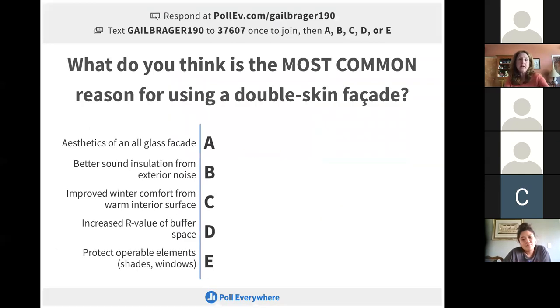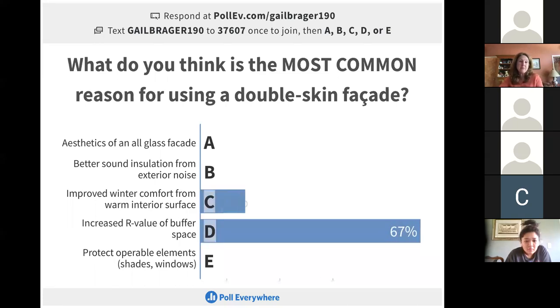All right, so here we've got another poll. What do you think is the most common reason people might decide to use a double skin facade? So here's our choices. The aesthetics. It allows you to do an all glass facade rather than punched windows.